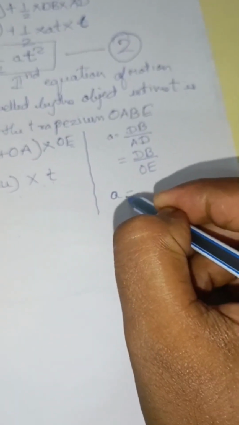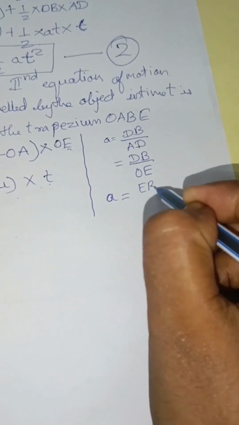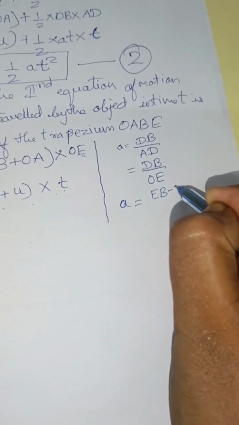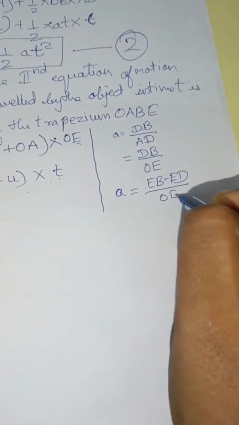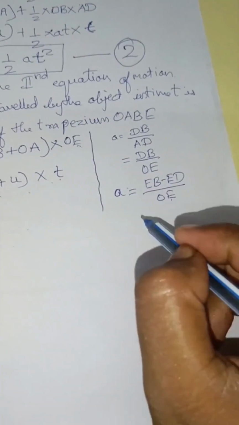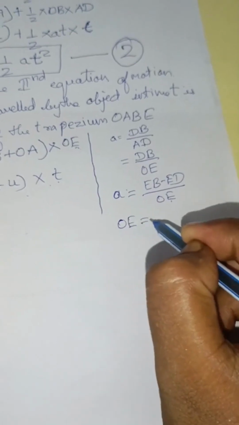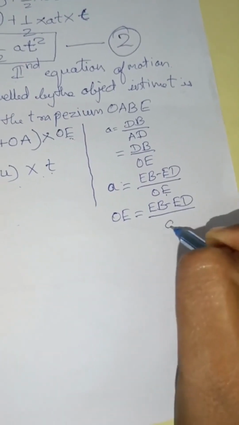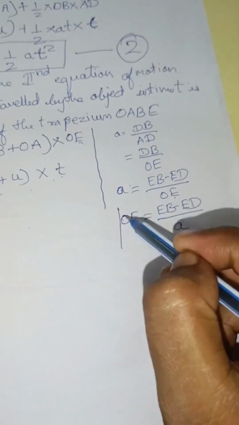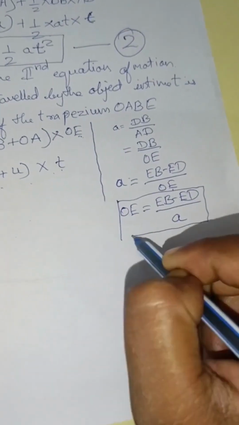We can write A is equal to (EB minus ED) divided by OE. Correct, na? Now take this OE to that side. OE is equal to (EB minus ED) divided by A.